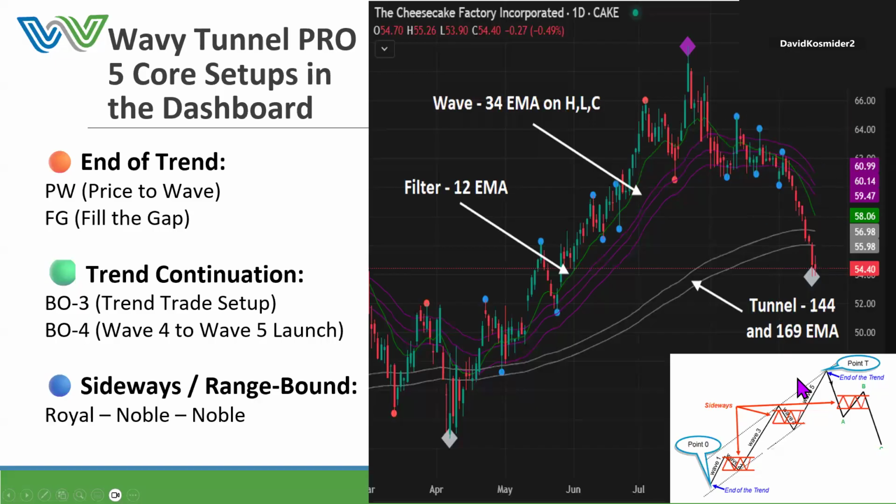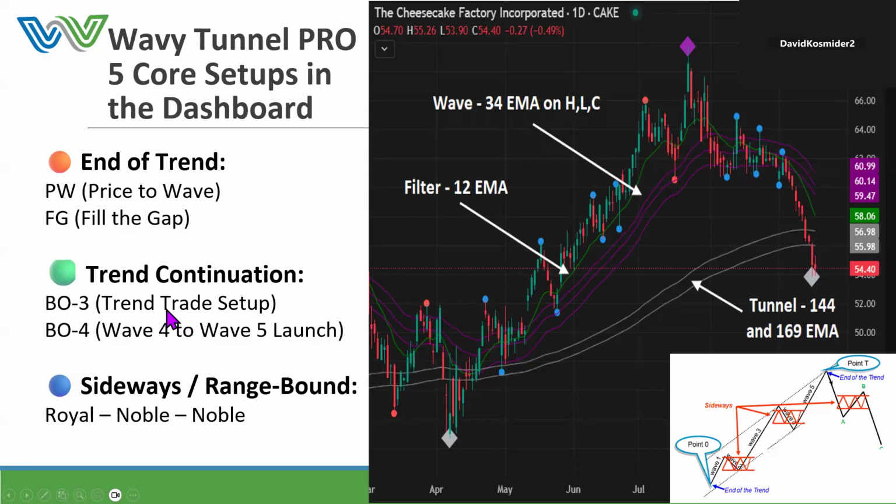That's technically what happens in Elliott wave analysis. But when I named this, that's not what I had. I didn't use a naming convention for the waves. It just so happened that that's what it was, which is amazing to me. So breakout 4 is the wave 4 to the wave 5 launch. And I have that under trend continuation.